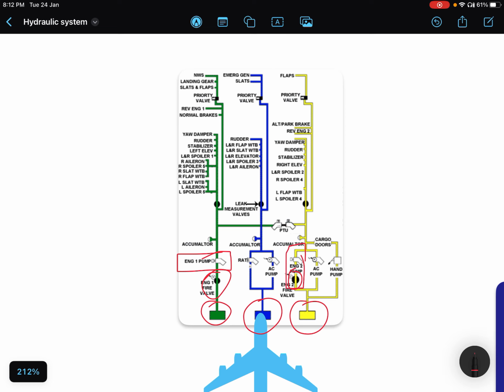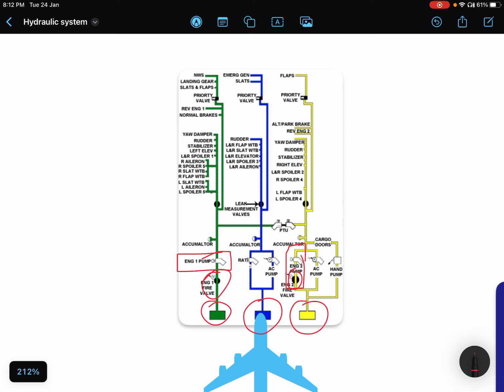This is the engine driven pump. When we start the engine of our aircraft, the N2 shaft is connected to the accessory gearbox and then it is connected to the engine pump also, right? So in this manner we have two engine pumps for the left and right engines.